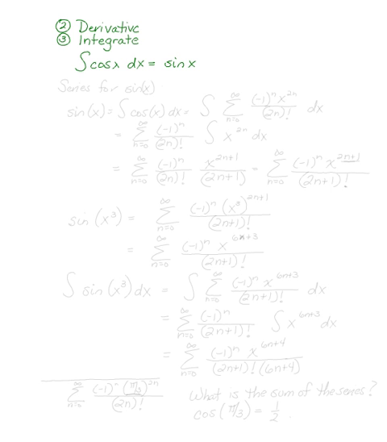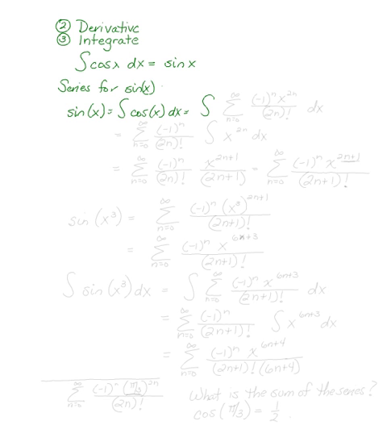The integral of cosine of x is sine of x. So if we want a MacLaurin series for sine of x, then sine of x is the integral of cosine of x.